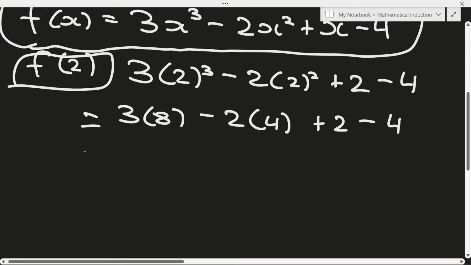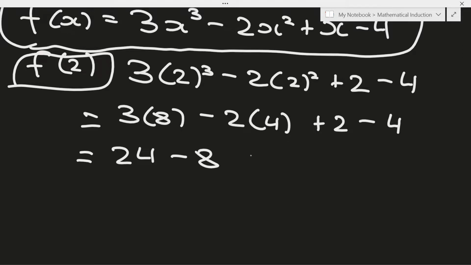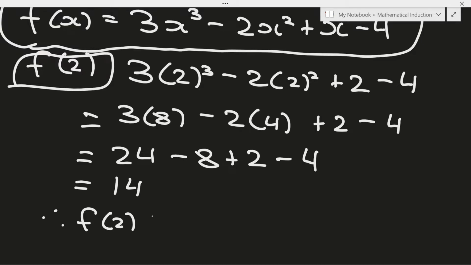So continuing this, we'll have 3 8s is 24, minus 2 4s is 8, plus 2 minus 4. And after this is just simple addition. 24 minus 8 is 16, 16 plus 2 is 18, 18 minus 4 is 14. Therefore, f of 2 is equal to 14.